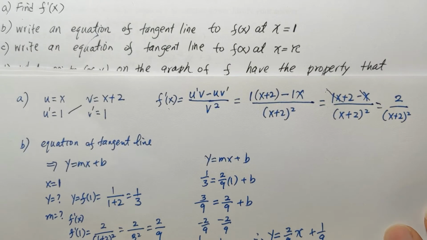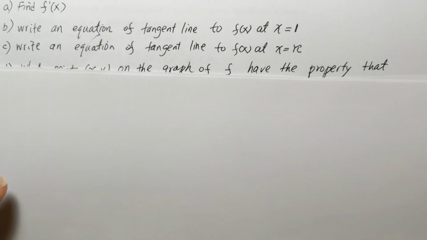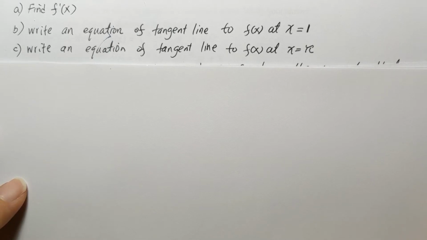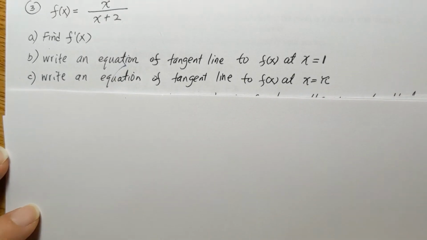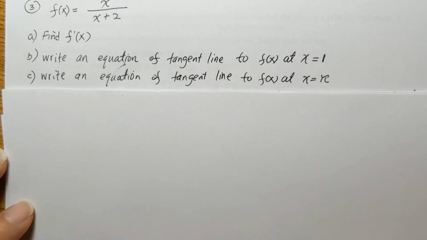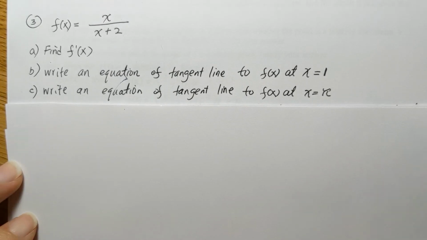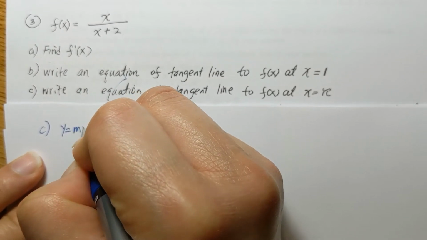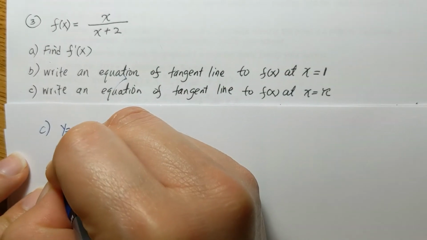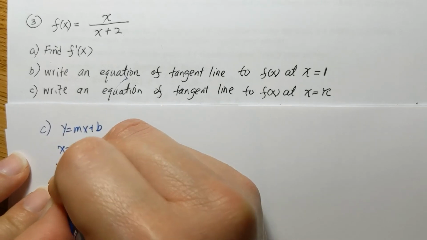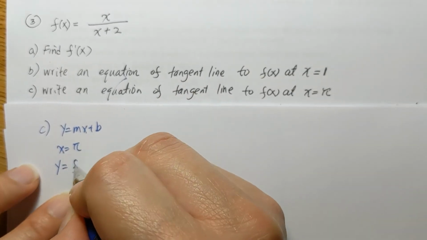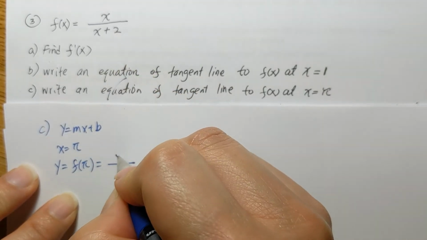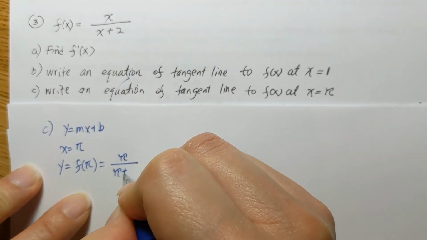Now let's take a look at 3c. 3c is: write an equation of the tangent line to f of x at x equal to pi. So it's the same concept except I give you a number, pi. So for part C, y equal to mx plus b. So you get x equal to pi and y equal to f of pi, so x over x plus 2, so pi over pi plus 2.